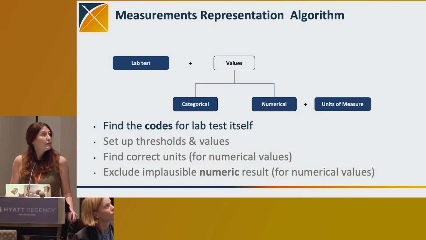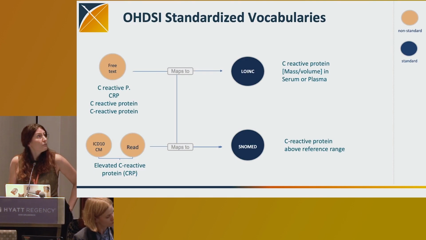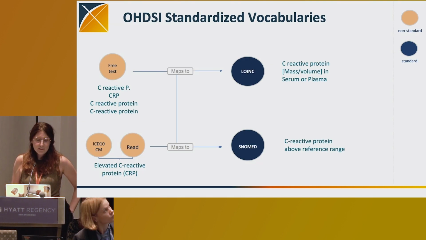And now we proceed to the first step and define the code list for the lab test, namely for our C-reactive protein. In OMOP, we map all the source data to standard. Source data may be recorded as free text, and this free text may vary significantly.